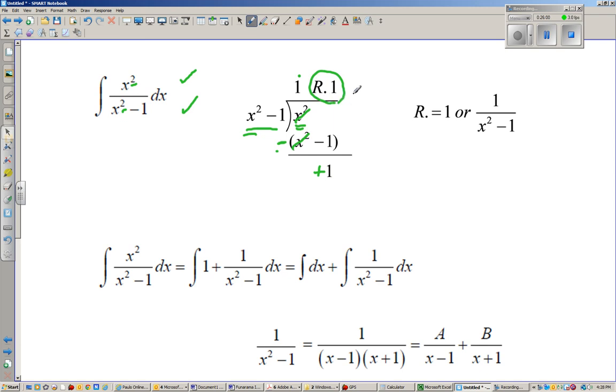Well, I don't really like that. You should say technically the remainder is 1 over the divisor. 1, that's the remainder up there, and it's over the divisor x squared minus 1.